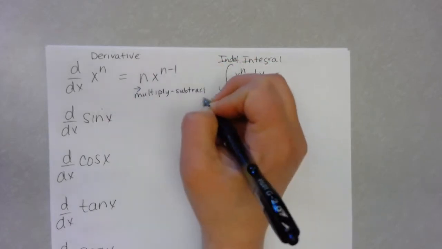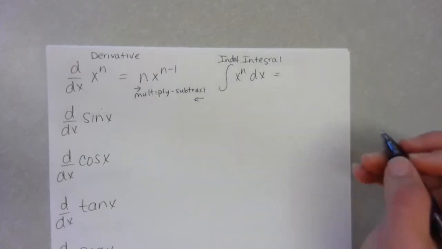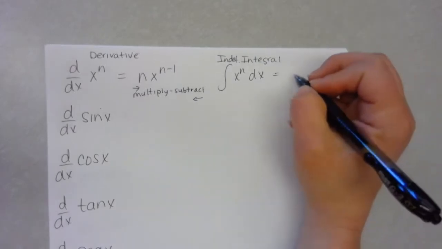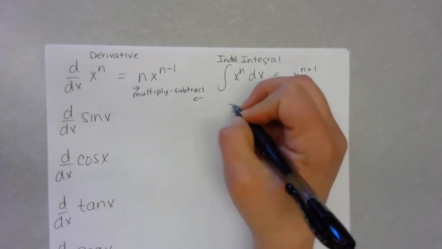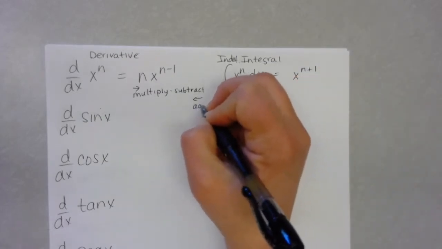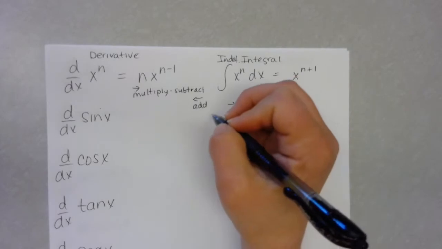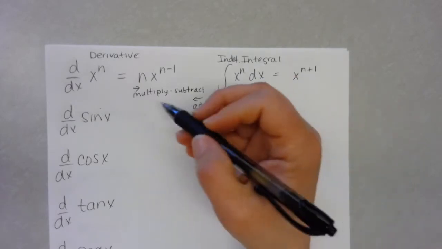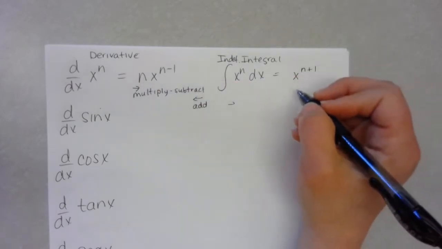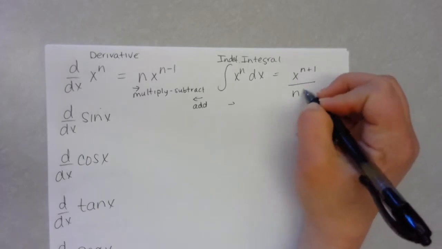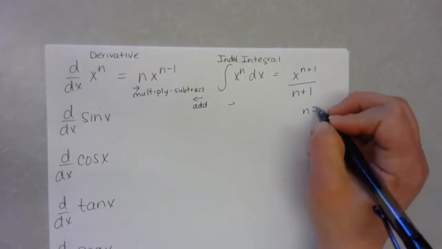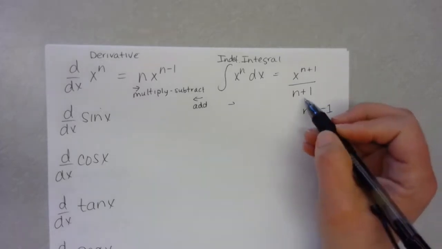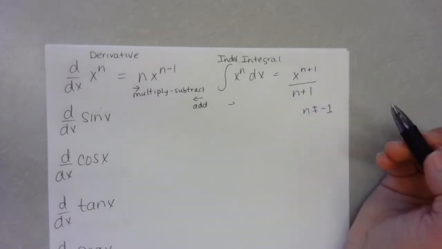If we're going to go back from subtraction, we're going to add 1 to the power, so it'll be x to the n plus 1. So we subtracted 1, so this time we're going to add 1, and then we multiplied by the power, so we're going to divide by the power. So that's n plus 1, okay? And this works for all n not equal to -1 because when I plug in -1, I divide by 0.